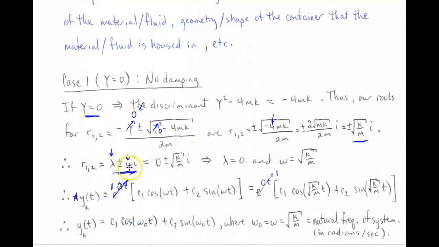For the omega here, we have the square root of k, or kappa, the spring constant, divided by m, which is the mass. And so what this ends up being is the natural frequency of the system.